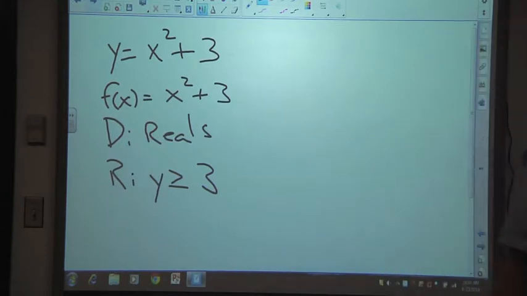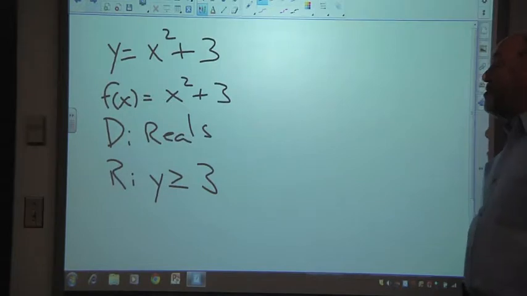I can only get numbers that are either 3 or greater, okay? Because if I take an x number and I square it, it will be a positive, which means the minimum will occur when x is 0. And 0 squared plus 3 will be 3. So my domain is all reals. My range will be that y will be greater than or equal to 3.